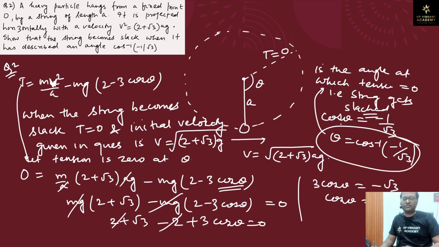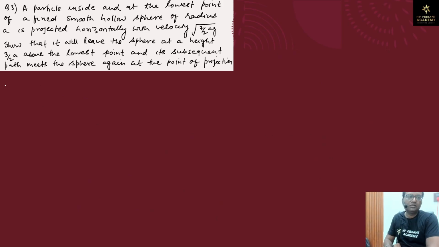Okay, let us proceed further. What is given in question number 3? A particle inside and at the lowest point of a fixed smooth hollow sphere of radius a is projected horizontally with velocity root of 7 upon 2 ag, so that it will leave the sphere at a height 3a by 2 from the lowest point, and its subsequent path meets the sphere again at the point of projection.